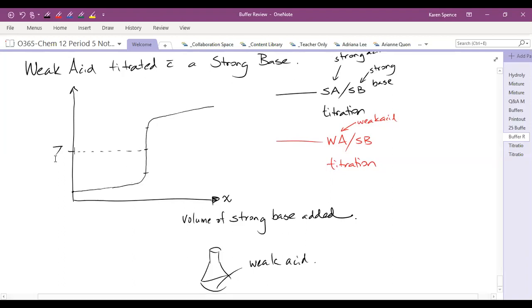All right. Now I'm going to, in red now, start with my weak acid.